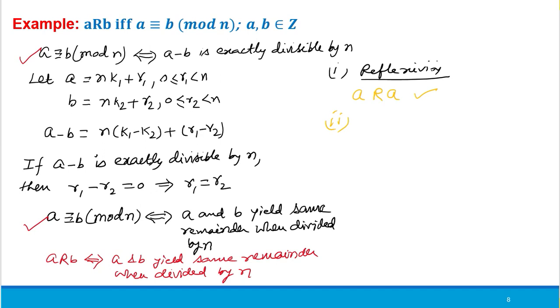The second is A R B implies B R A, which is called symmetry. This is also obvious because if A and B yield the same remainder when divided by n, then B and A also yield the same remainder. And the third is A R B and B R C implies A R C. This is transitivity.